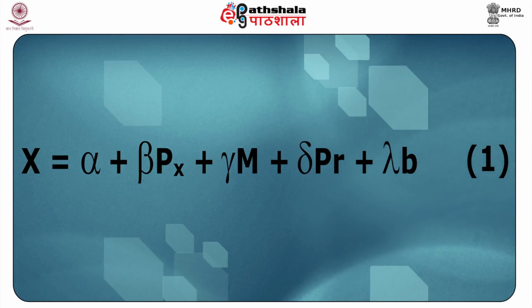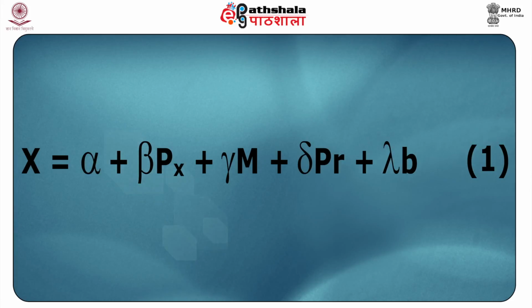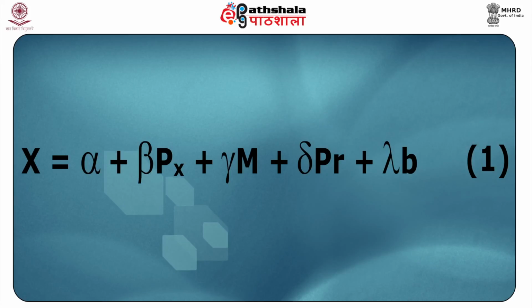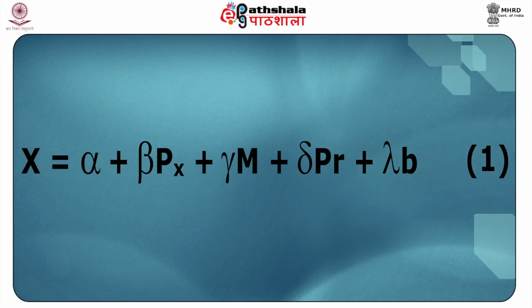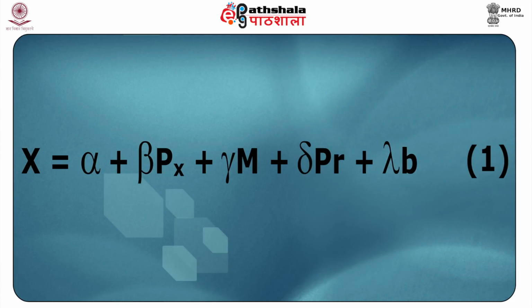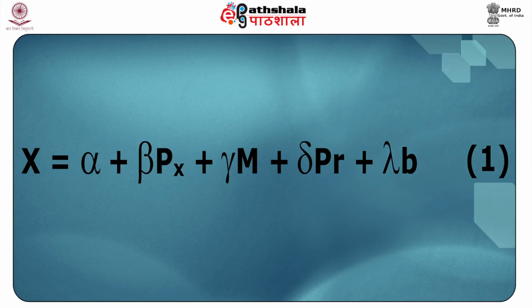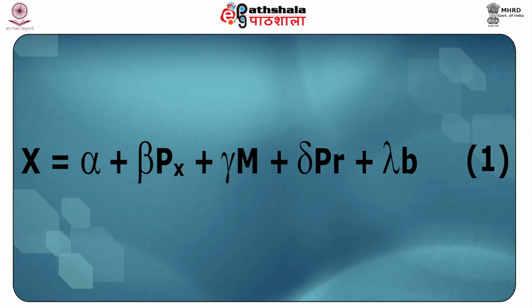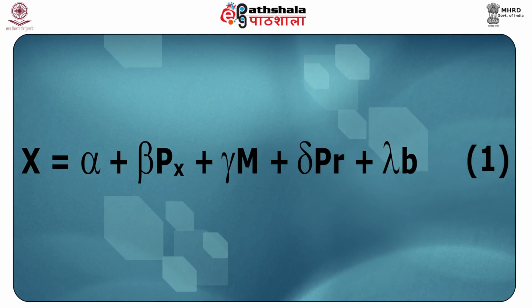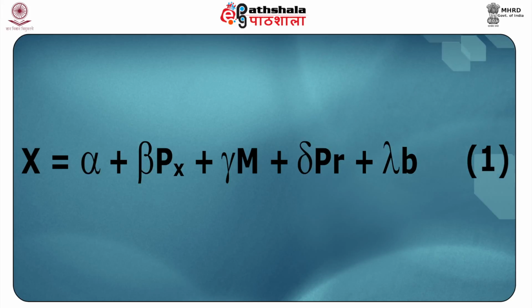In this equation, beta measures the change in the quantity demanded that would result from 1 unit change in price. We assume it to be negative, which we will discuss in unit 2. Also, gamma measures the change in the quantity demanded when there is 1 unit change in income M. It is positive or negative for a normal or inferior good.